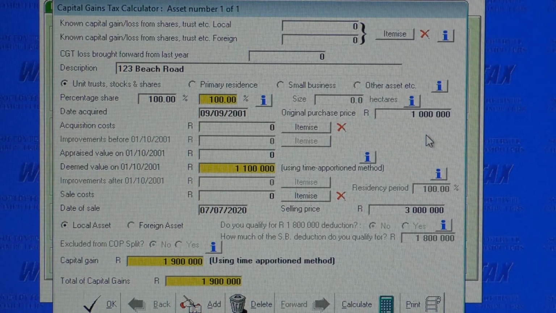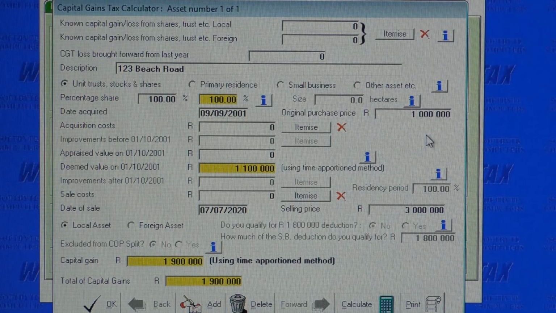Well, it's a bit simpler than it may seem. You have to work out the total period of ownership of the asset and then proportion the profit over the whole period of ownership by the period before 1st of October 2001 and the period after that. You count the number of years before the valuation date and after the valuation date, but remember that a quarter of a year, even one day, counts as a full year.